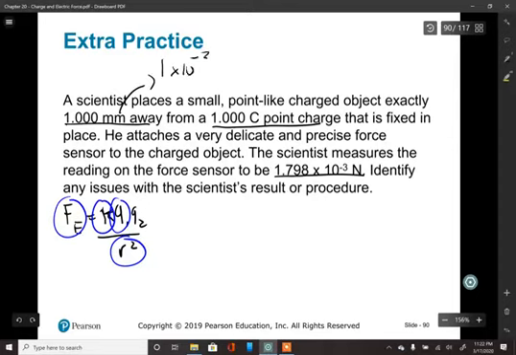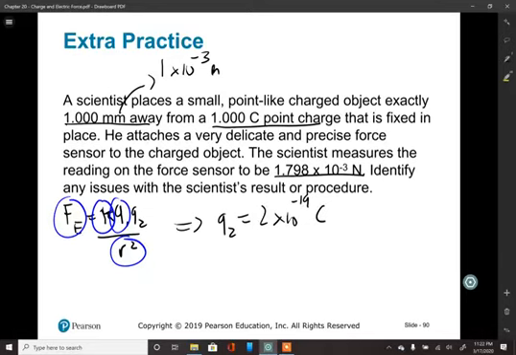This is 1 times 10 to the negative third meters. You have to work in SI units. So if I plug all that in and solve for Q2, I will find that Q2 is 2 times 10 to the negative 19th coulombs.